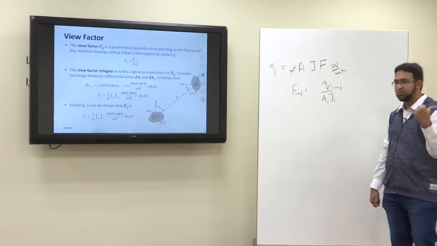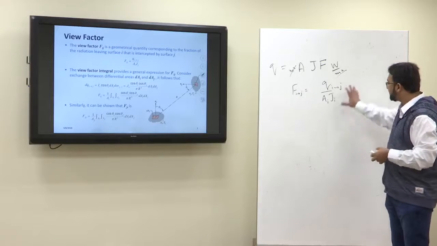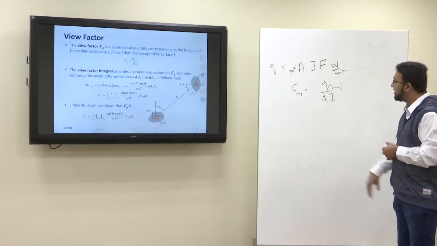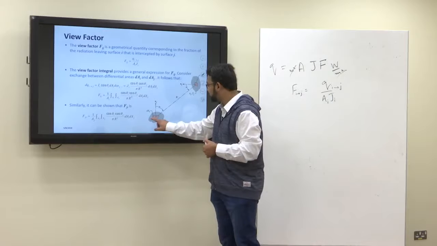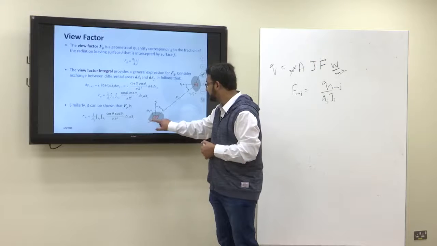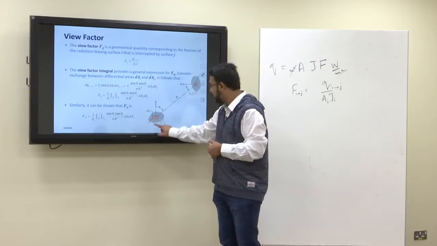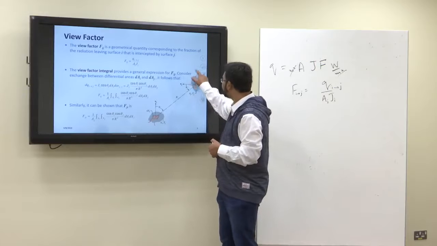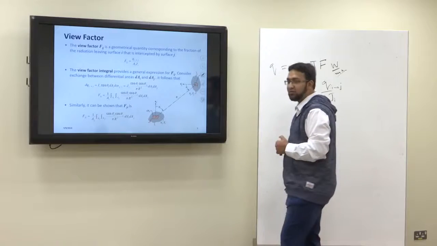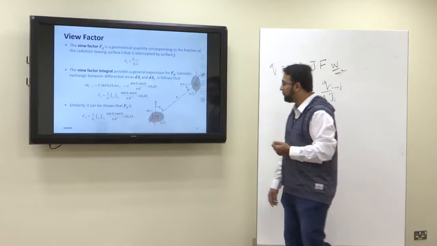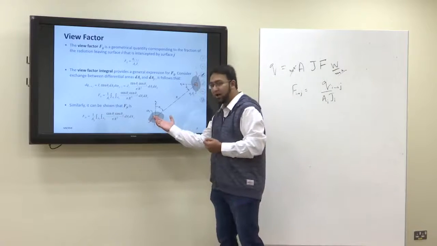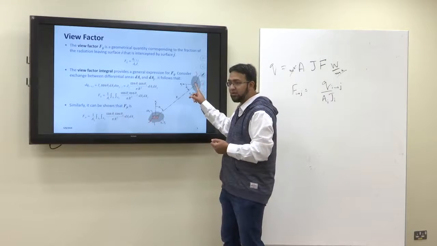Is it clear? So you understand this formula now. Consider these two surfaces. Suppose this surface is I, and this surface is J. Now, how much is the amount of energy radiated or emitted from I that reaches J?